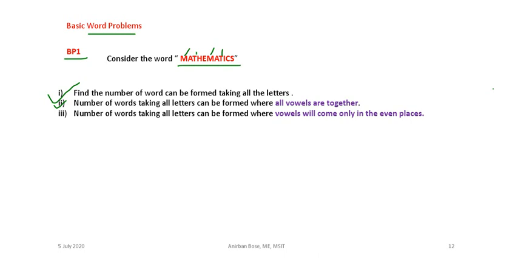So if you see 1, 2, 3, 4, 5, 6, 7, 8, 9, 10, 11. So how many even places are there? 1, 2, 3, 4 and 5.